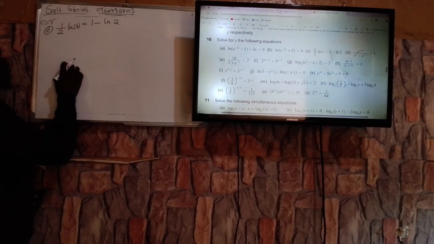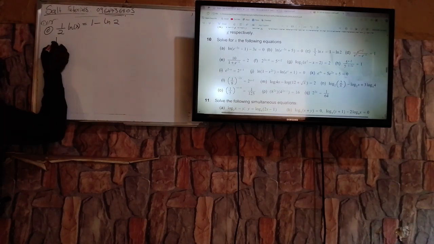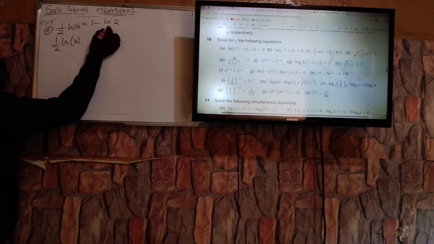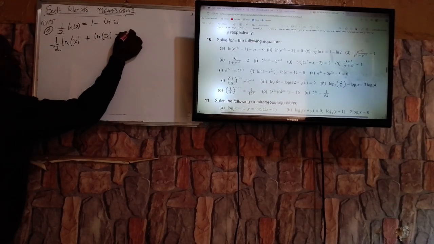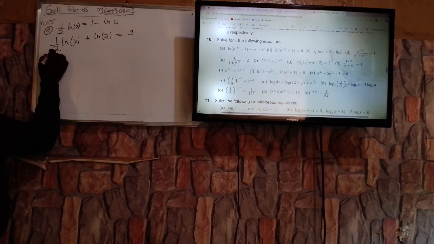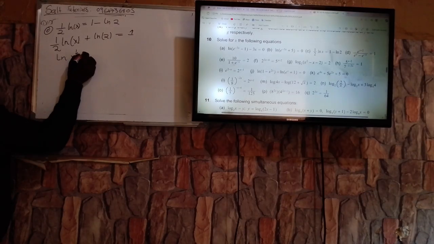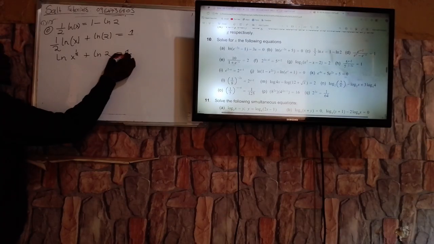So let's simplify it to be of one log. What am I going to have? Maybe I can take this to the other side. I'm going to have 1 over 2, the natural log of x. When this other log crosses, it becomes positive: natural log of 2 is equal to 1. So for this guy, I can climb it up, and I'm going to have the natural log of x power 1 over 2 plus the natural log of 2 is equal to 1.